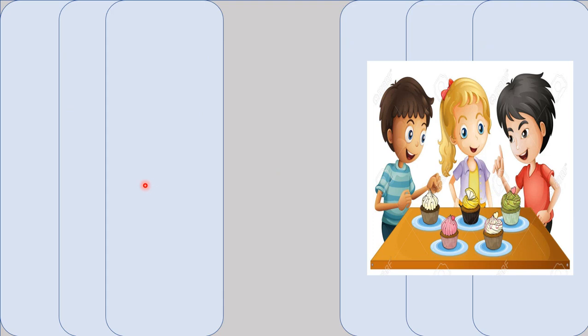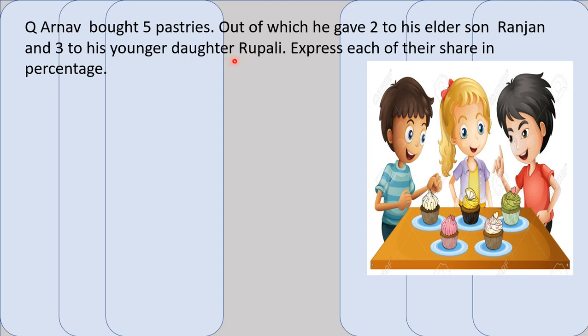Now let us have a look at one more example. Arnav bought 5 pastries, out of which he gave 2 to his elder son Ranjan and 3 to his younger daughter Rupali. Express each of their shares in percentage. Now here we are comparing using the percentage.